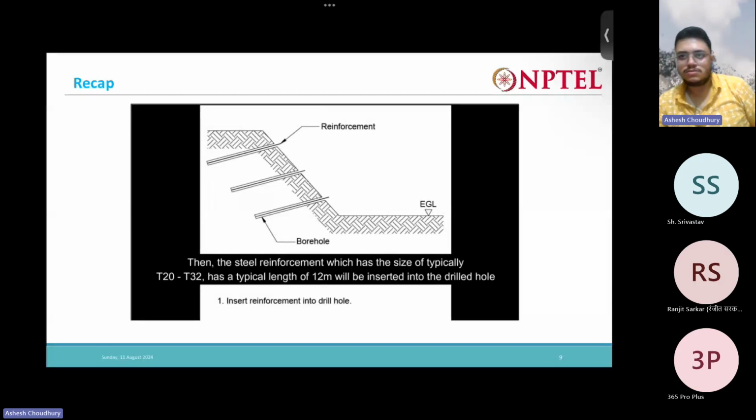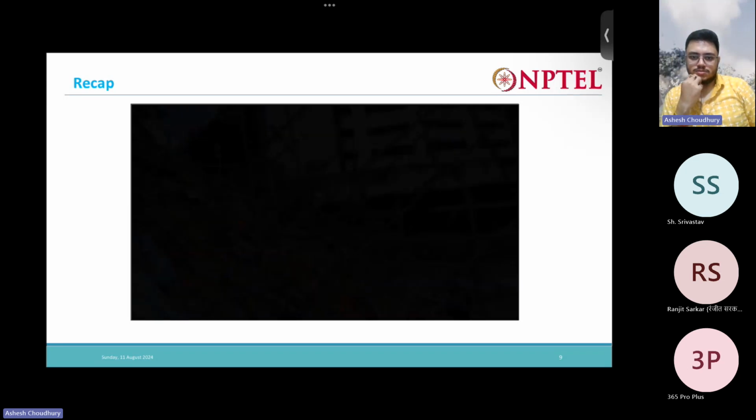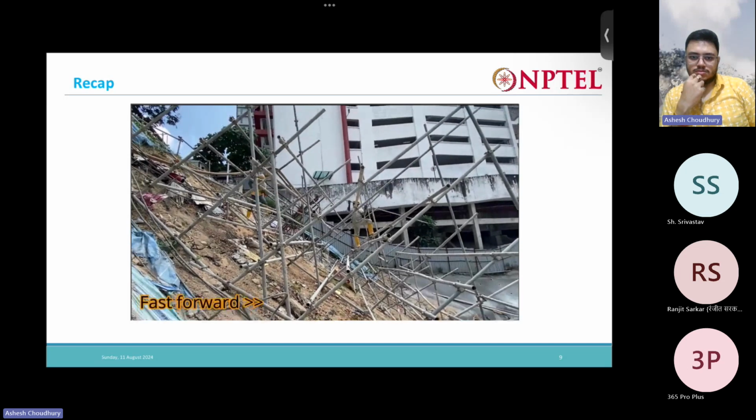Then the steel reinforcement, which has a size of typically T20 to T32 and a length of 12 meters, will be inserted into the drill hole.